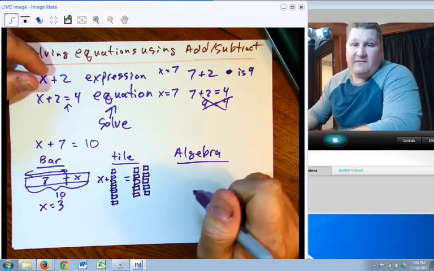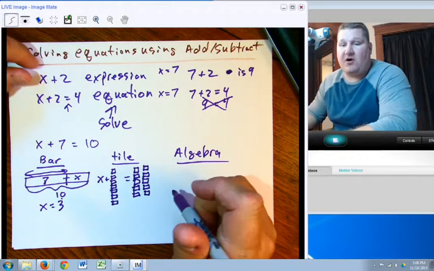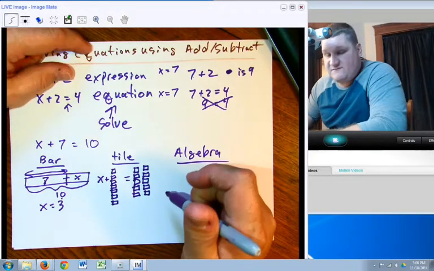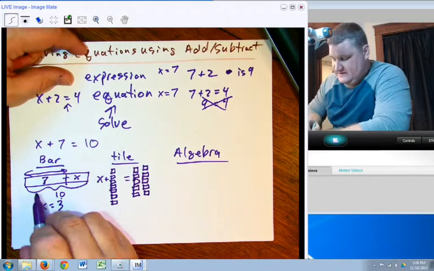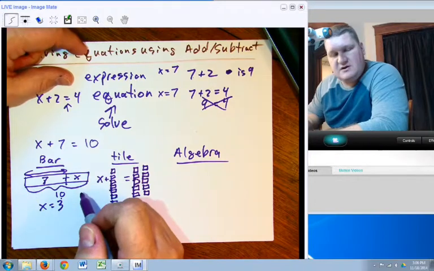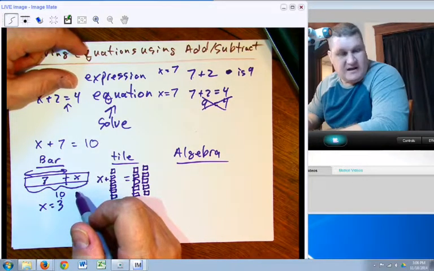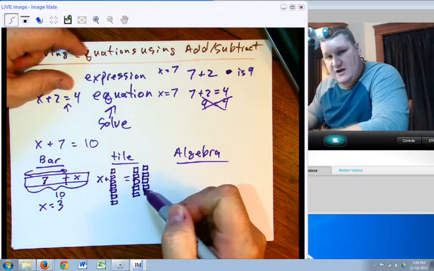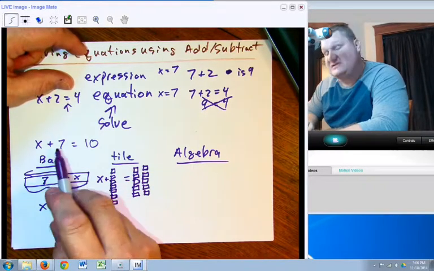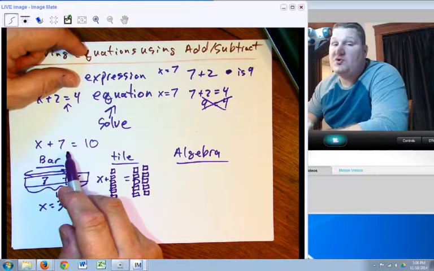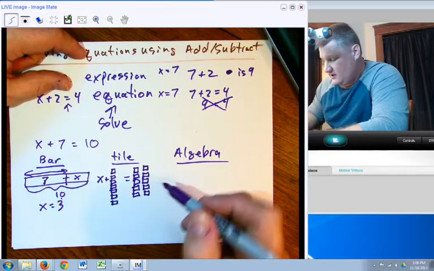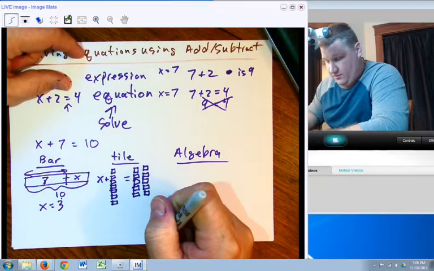Now, obviously, we're not going to use either the bar or the tile method very much because how long would your bar have to be? Well, you don't know, and so it's just a picture organizer, and it has limited use. The tile method, the problem is, what if I had 7x plus 72 equals 105? I certainly wouldn't want to draw enough tiles for all that.